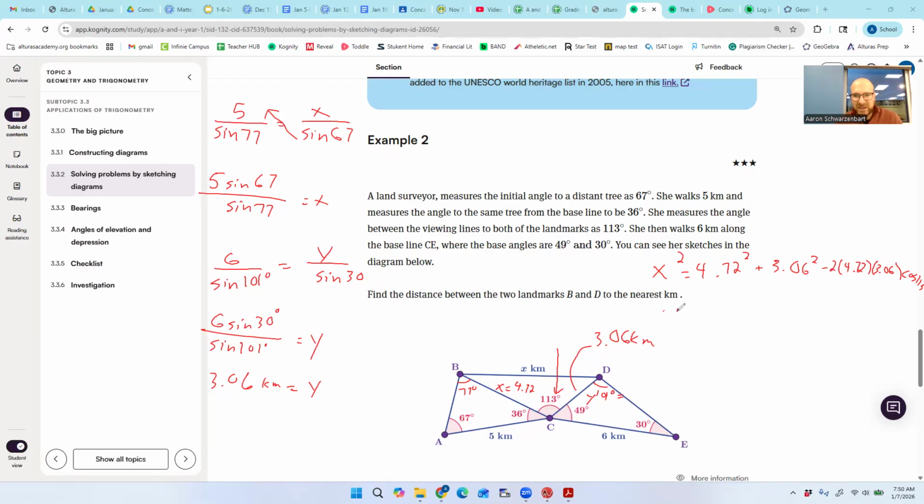And this gives me X equals 6.55 kilometers. It says round to the nearest kilometer, so X equals 7 kilometers.